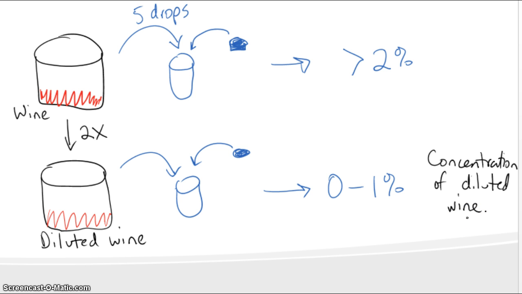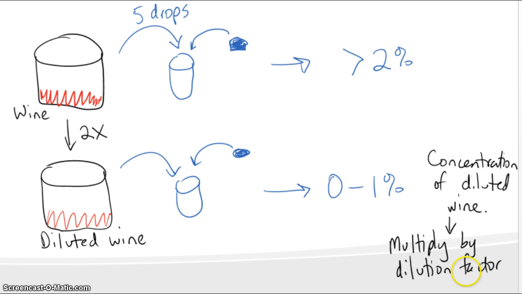We want to know the sugar in our wine itself, not in the diluted wine. So we need to finish this off by multiplying by the dilution factor. In this case, the dilution factor was 2, right? We did a 2x dilution. So we would multiply the concentration of our diluted wine by 2 to get the actual concentration of sugar in our original wine.